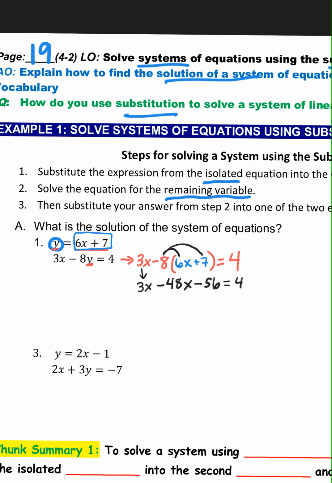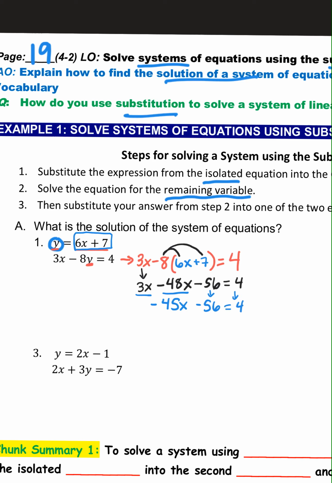Okay, now after I distribute, let's recall, I combine like terms, right? So I see 3x and negative 48x, they both have an x, which means they are like terms. When I combine those, I end up with negative 45x minus 56, I'm just bringing all this down, equals 4.